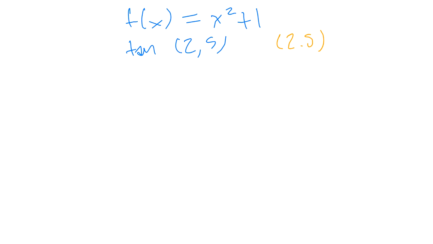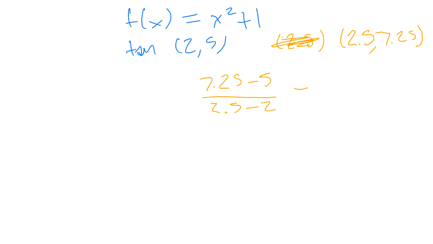So that one's going to be a little less fun to mess with, but we're going to have 2.5. 2.5 squared is going to be 6.25 plus 1, which is going to be 7.25. So actually we're just going to get 7.25 minus 5 over 2.5 minus 2, which is going to be 2.25 over 0.5, which is going to be 4.5. Well, we can see this is going to be much, much lower.